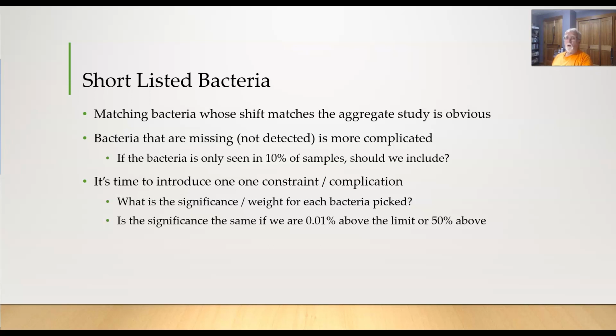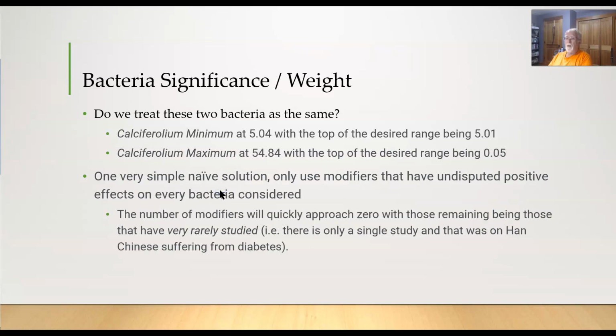And now we end up with the last factor. One more factor to consider is, how is the significance? How significant is the bacteria that is 0.01% above the limit or 50% above the limit? Do you give them equal weight or do we give them different weight? And if we give them different weight, how do we determine the weight? Example, back to our thing.